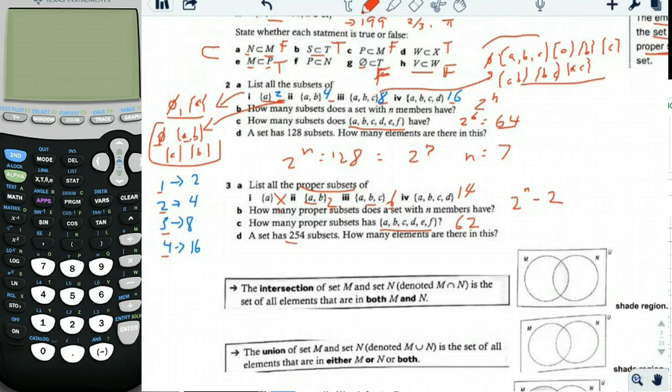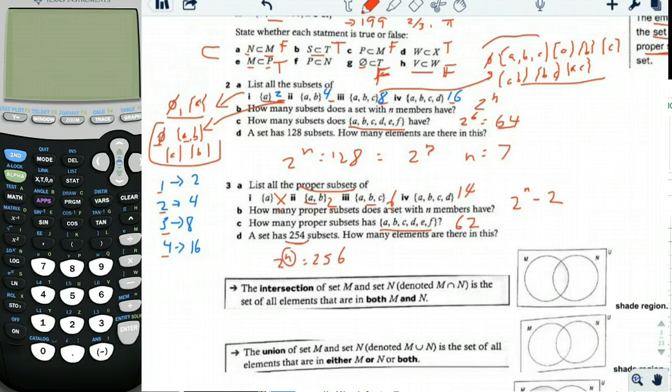A set has 254 subsets. How many elements are in this? Okay, 254 subsets. So that means it had 256, 2 to the n is 256, because this is minus 2, right? How many elements are in here?